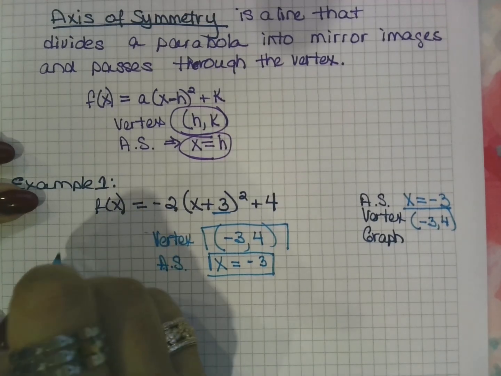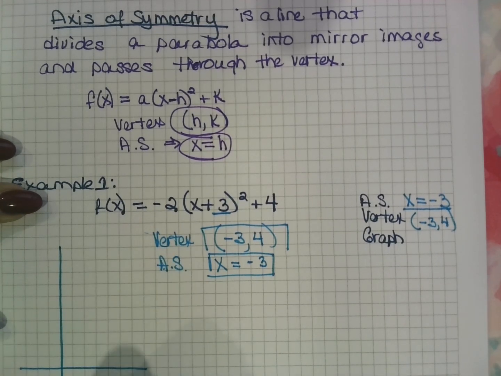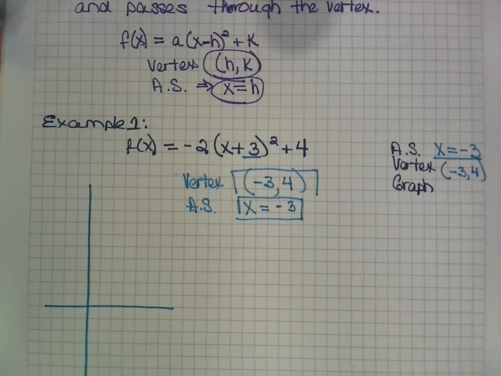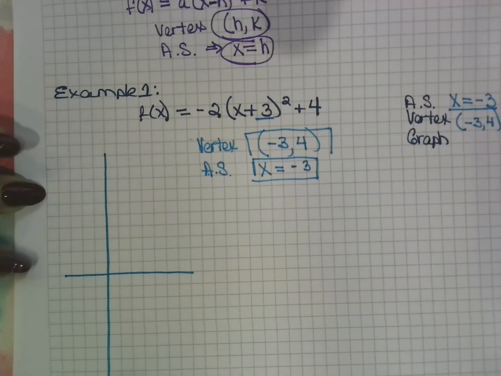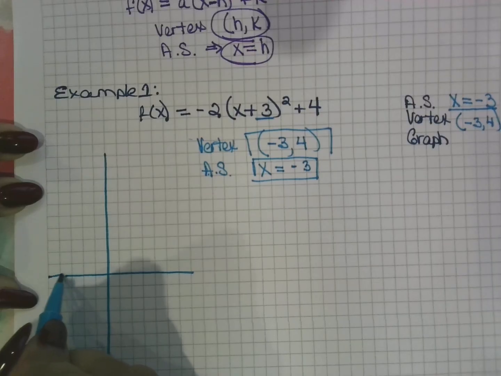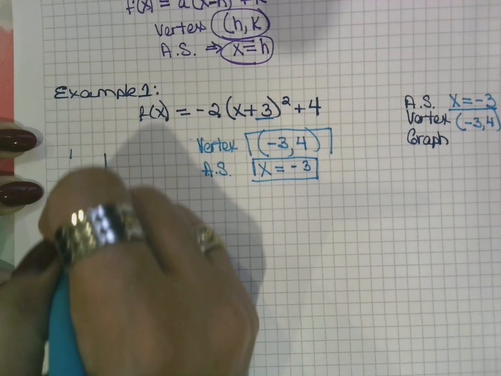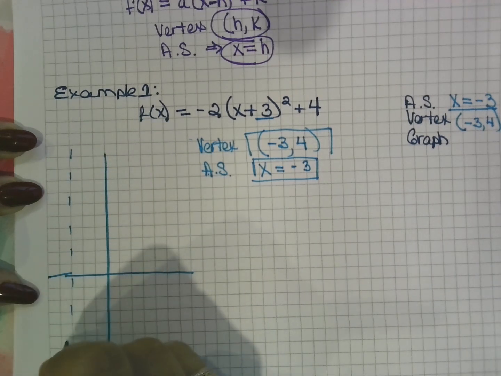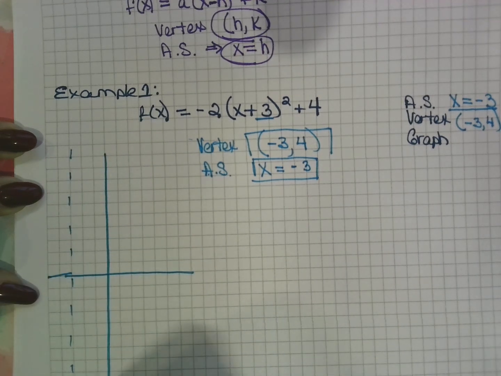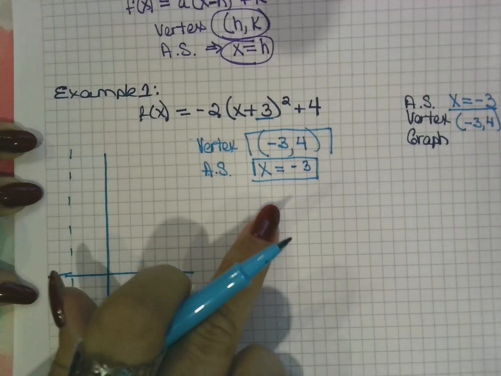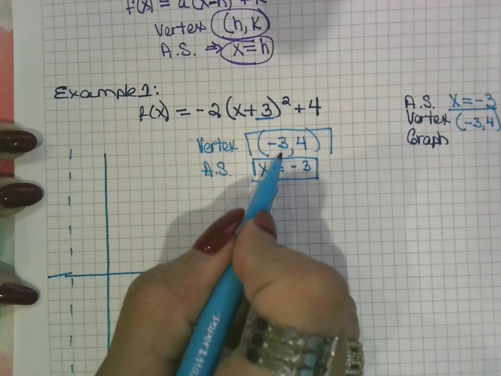And at this point, we can go ahead and graph this. So we have the axis of symmetry at negative 3, 1, 2, 3, so right there. And remember, the vertex must always be on the axis of symmetry.